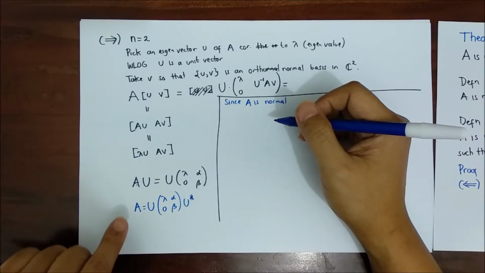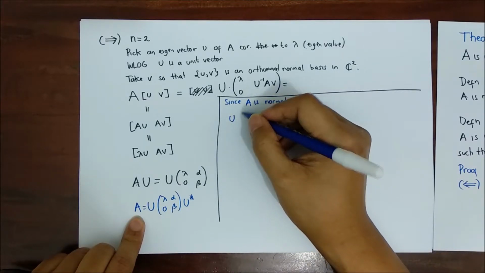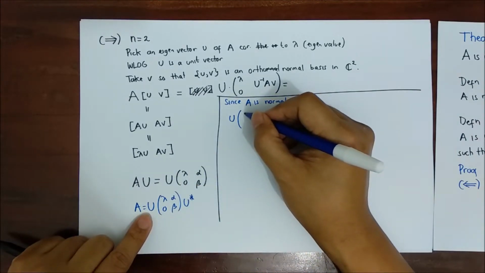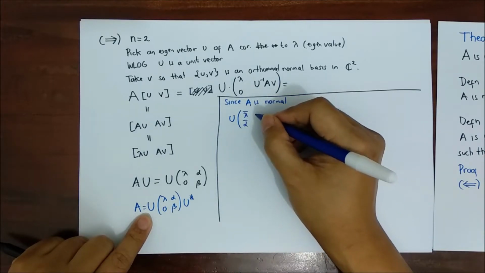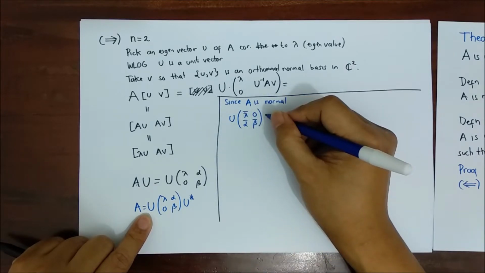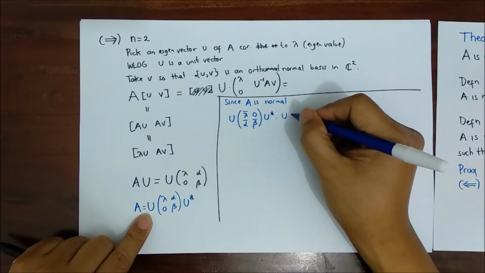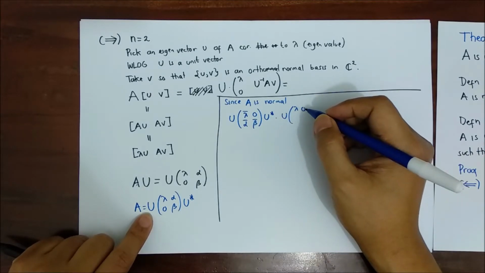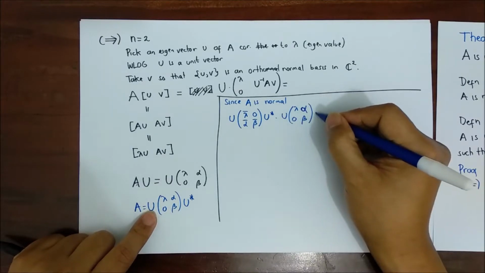then we have A star times A. So if we do A star, we have U, and then the star of this, which is lambda star, alpha star, and then 0, beta star, sorry, beta bar, and then U star. This is our A star times U (lambda, alpha; 0, beta) U star.